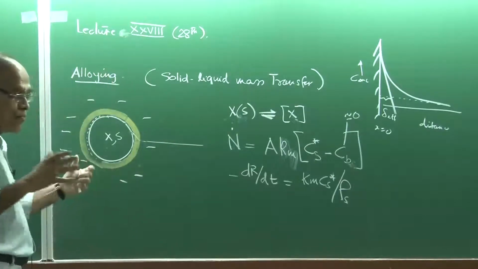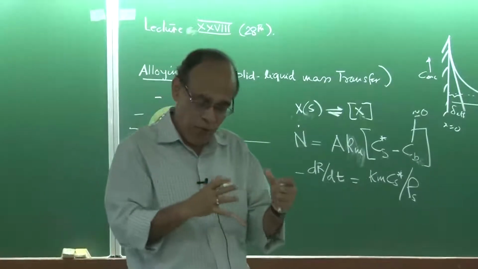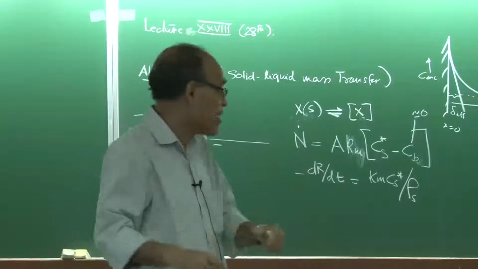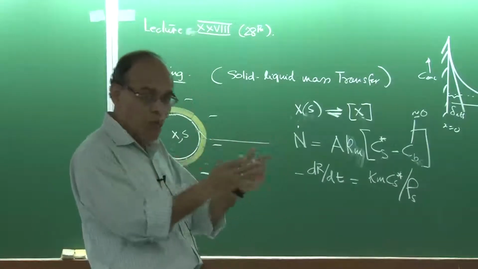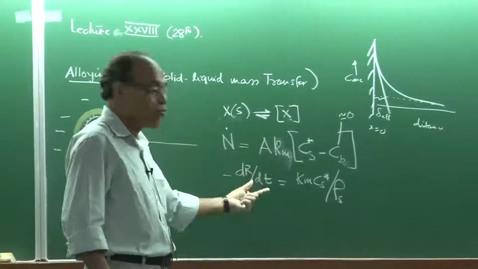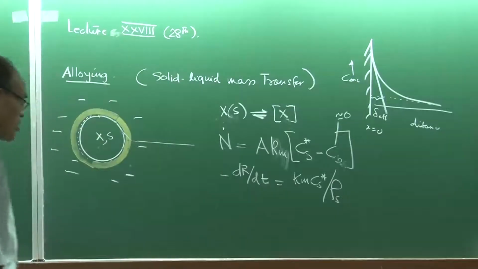So if you have 4/3 pi r cube as the mass at one instant, and 4/3 pi (r minus delta r) cube as the mass at another instant, then that much mass reduction of the sphere is exactly equal to the right hand side, and you will be able to get this expression through mass balance itself.